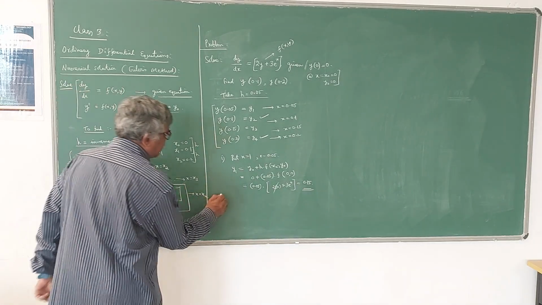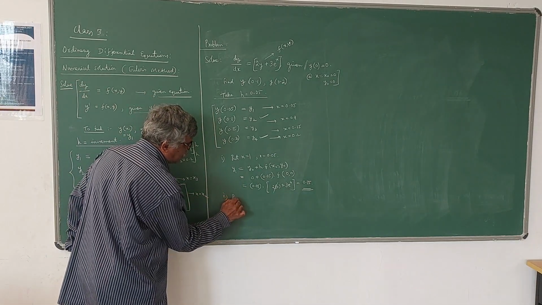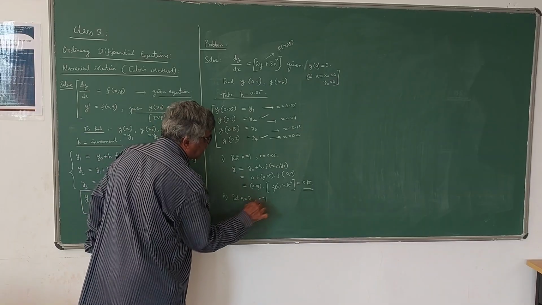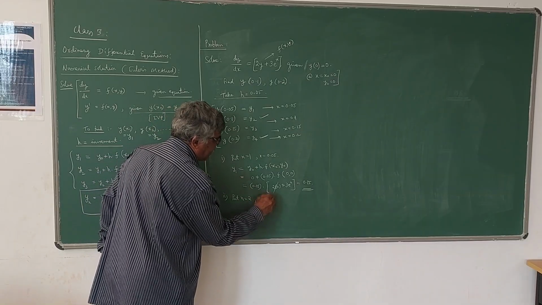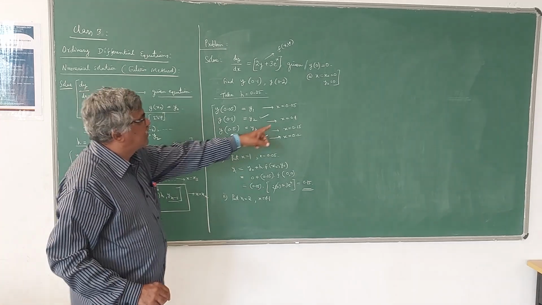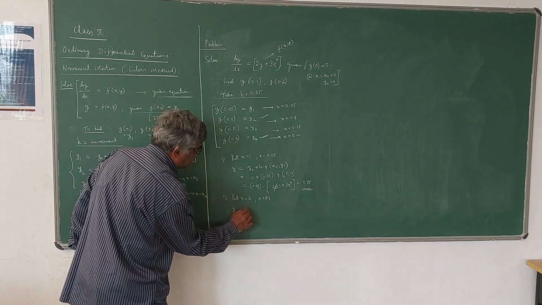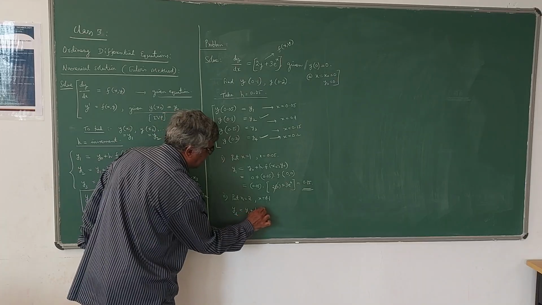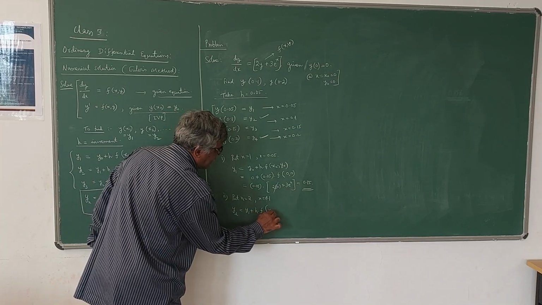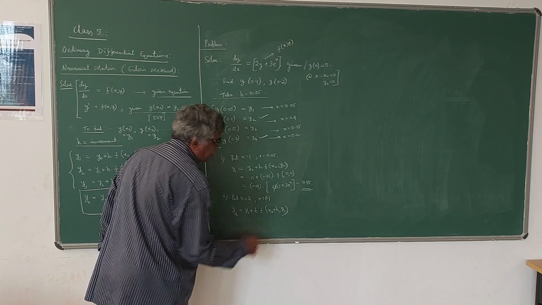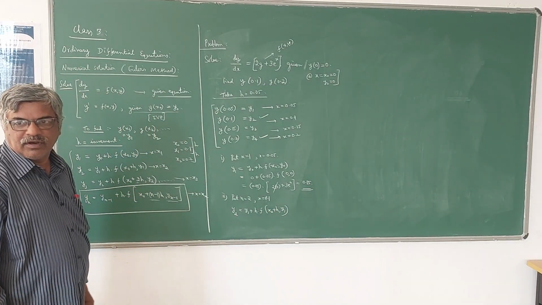Now second, put n is equal to 2. That is at x is equal to 0.1. Next increment, second value. If you put n is equal to 2, y2 is equal to y1 plus h into f of x0 plus h comma y1. This is the formula.